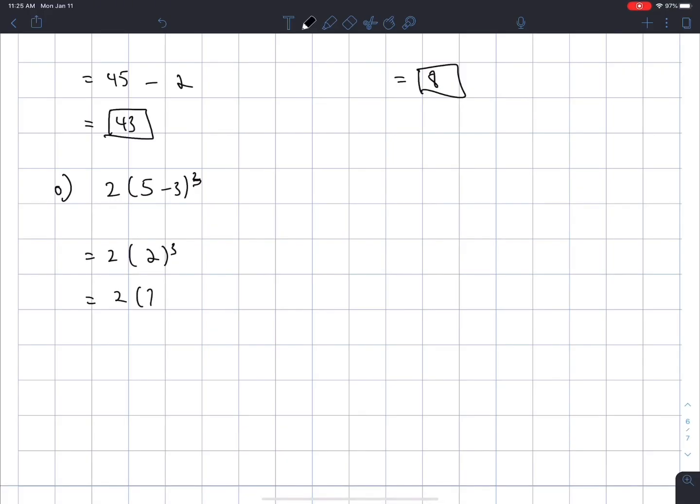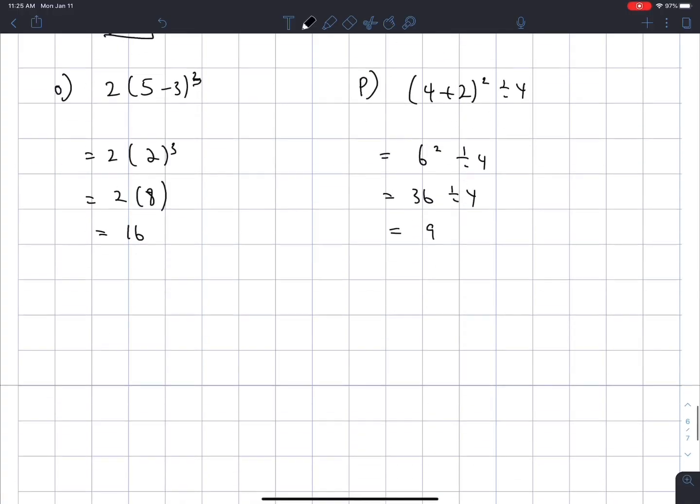And 2 to the power 3 is 8. 2 times 8 is 16. P, 4 plus 2 squared divided by 4. 4 plus 2 is 6. 6 squared is 36. And 36 divided by 4 is 9.